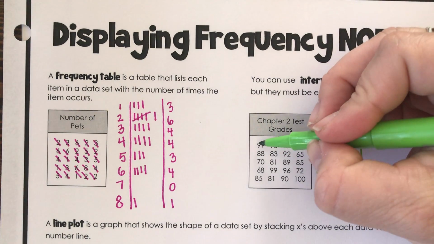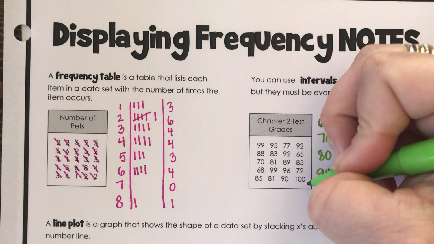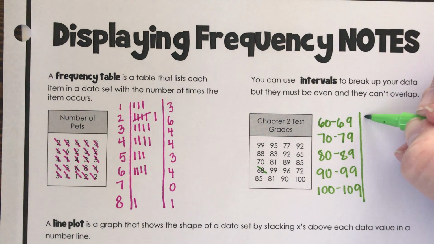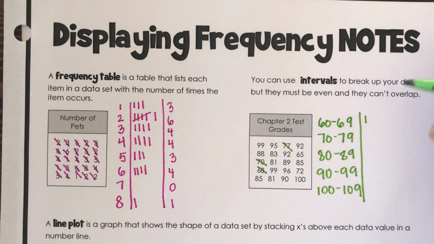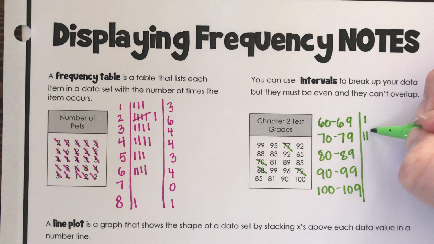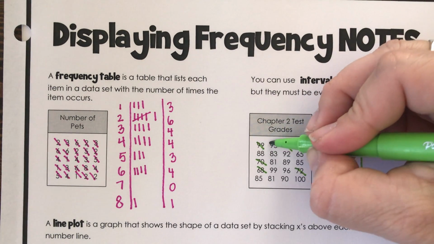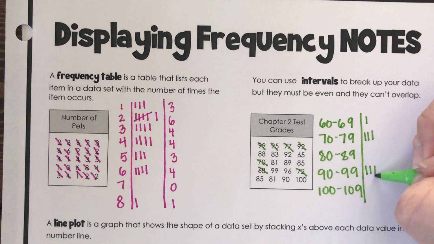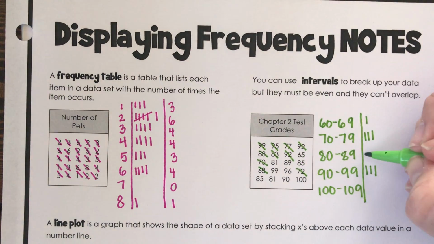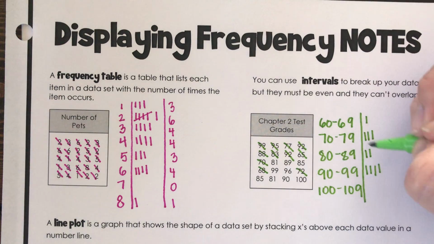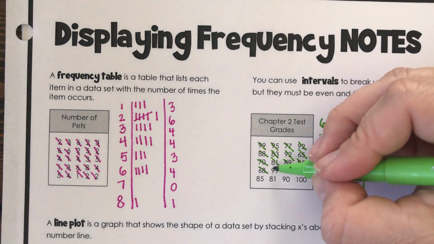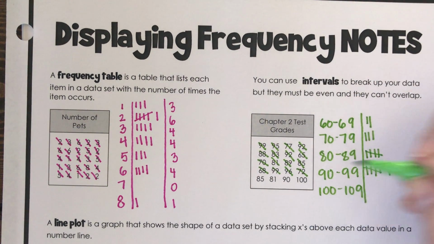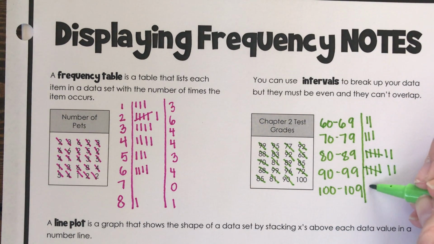Now we can go through and see. I have 68, which goes in this category. I have 3 numbers that go in the 70s. And then 90, 90, 90, 80, 80, 90, 60s, 80s, 80s, 80s, 90, 90, 80, 80, 90, and then 100.